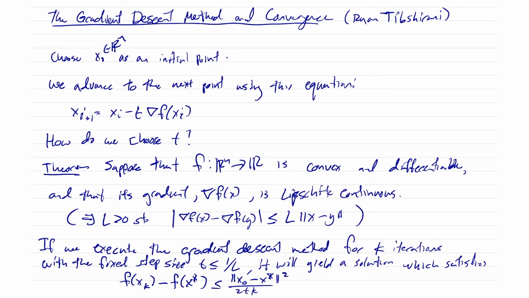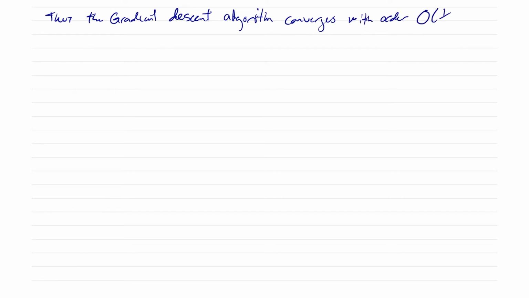And so what we're seeing is that the gradient descent algorithm converges with order big O of 1 over k.